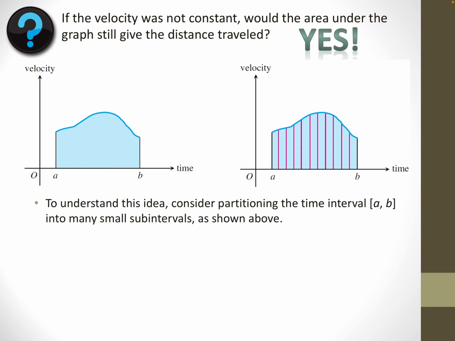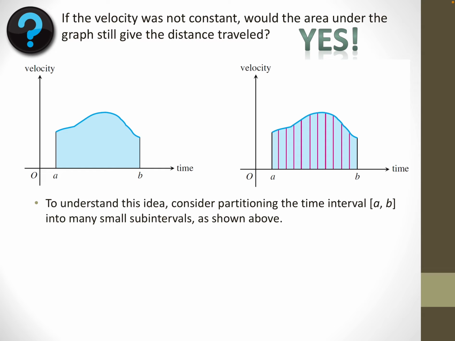So each one goes velocity times time, and you're doing an area on each little piece, just like we were doing the area in the constant velocity example on the previous slide. So each of those rectangles represents the distance for that section, and if I add them all up, I'll get the total distance traveled. So I partitioned that time interval A to B into many small subintervals as shown below.